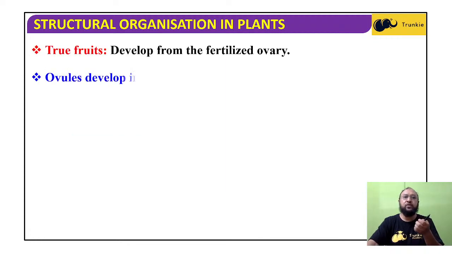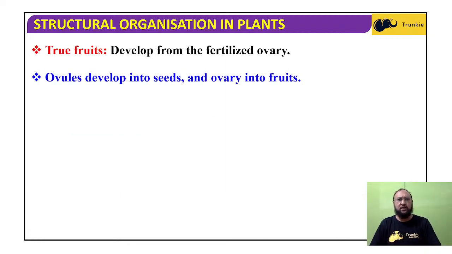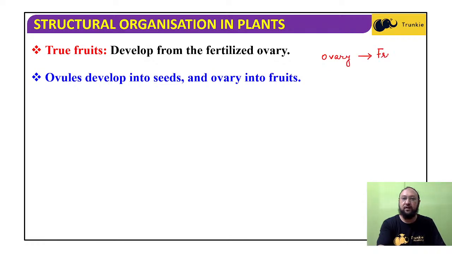Now, true fruits develop from the fertilized ovary, and they are typical, and they have got pericarp and the seeds inside the fruit. Ovules develop into seeds, so the ovary changes into fruit. That we have already studied in previous classes. Also the ovary changes to fruit, and ovules in the ovary form the seeds of the fruit.